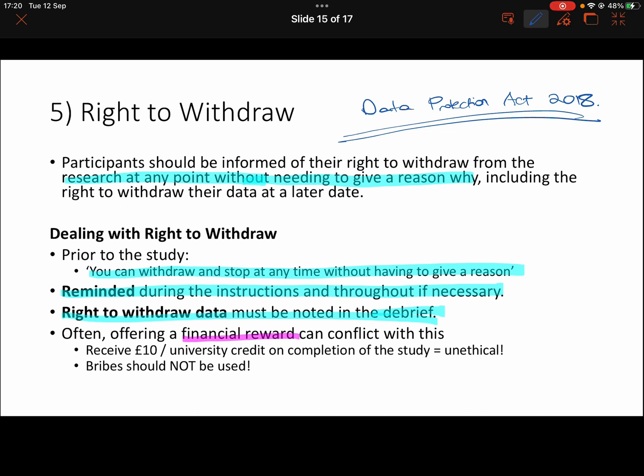And you can request the data at any time. And so, as researchers, we also have to adhere to the Data Protection Act and make sure that we are storing data effectively, that it can't be leaked, that individual participants' results can't be linked to their name or their address, that kind of thing. So we have to make sure that they have a right to withdraw.